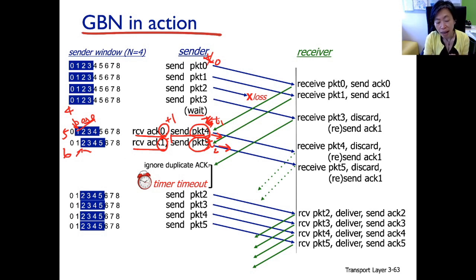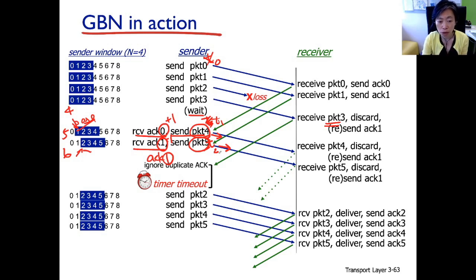And another ACK 1 is coming in. This is triggered by receiving packet 3 without packet 2. So ACK 1 comes in, triggering the bottom transition, not corrupted, set the base to 1 plus 1, which is 2. Well, that is the same. Base and nextseqnum still do not match.